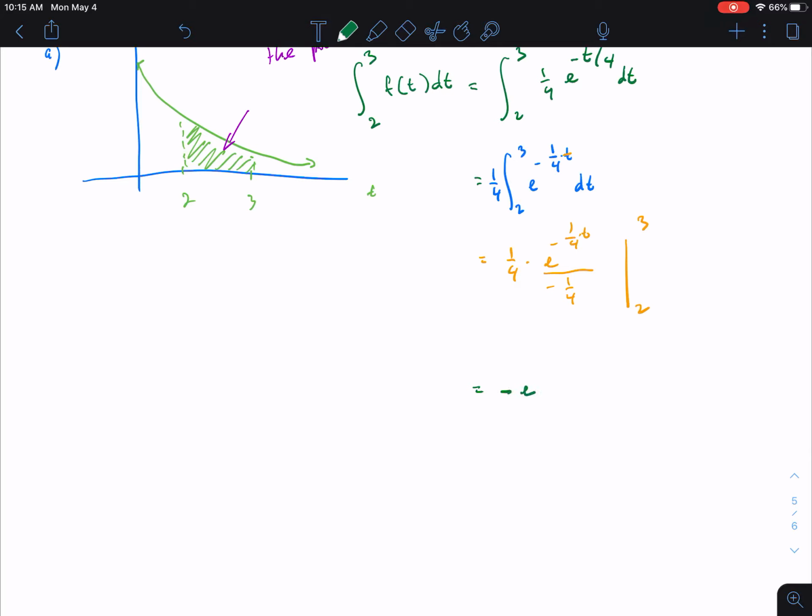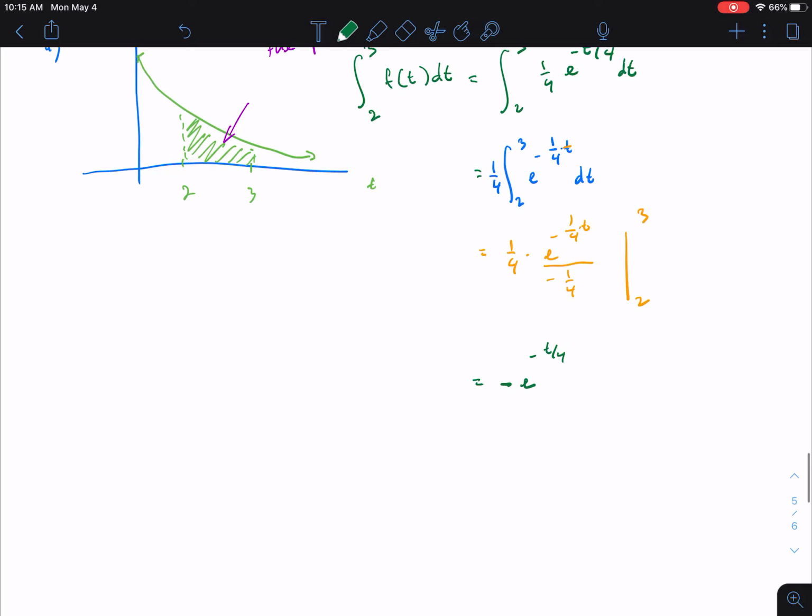Then that will be e to negative t/4, evaluated from 2 to 3.